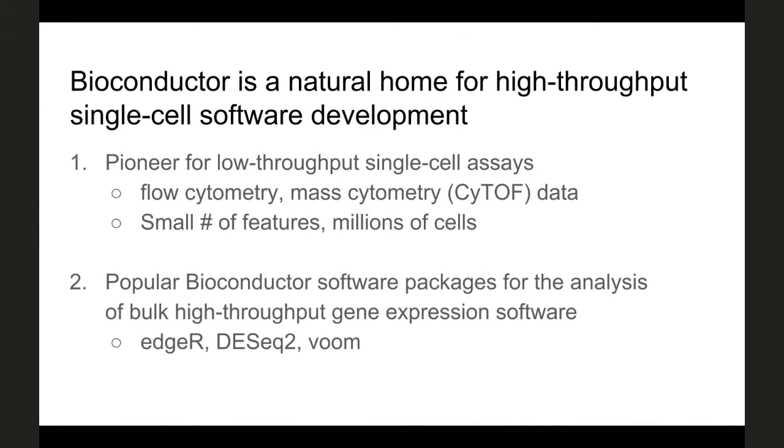One, that Bioconductor was really a pioneer for the analysis of what I would refer to as low throughput single cell assay data, something like flow cytometry or CyTOF data, where you have a smaller number of features, but with thousands or millions of cells. And the other reason is that Bioconductor has a lot of very popular software packages for the analysis of bulk high throughput gene expression: edgeR, DESeq, limma, and so forth.